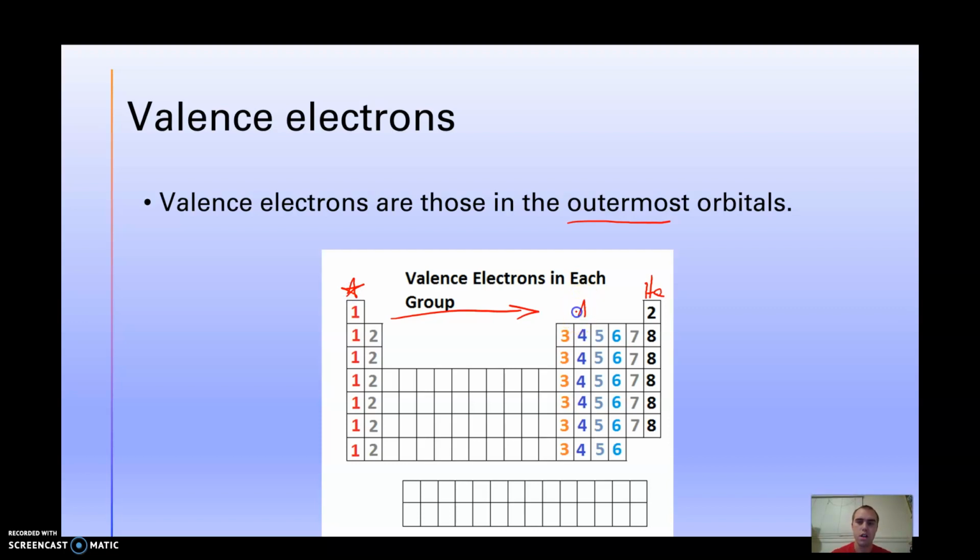Everything over here, carbon and below, has 4 valence electrons. Oxygen has 6, and everything below oxygen has 6 valence electrons. That's going to be important for us as we move forward with Lewis dot structures: being able to identify where the elements are on the periodic table, and how many valence electrons we have in each one.